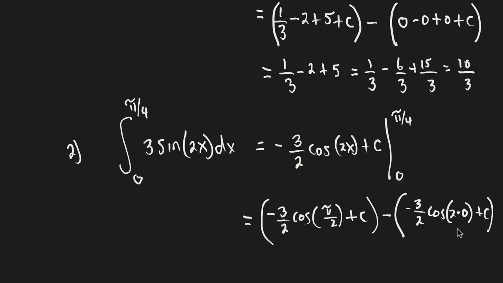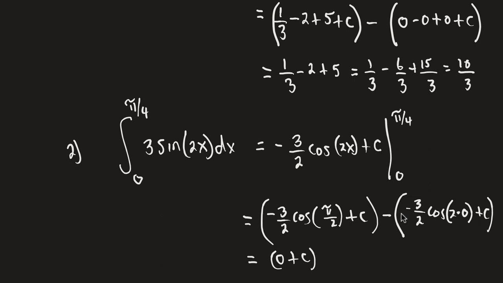So let's see how this simplifies. The cosine of pi over 2 is 0. So all of this is 0. So I have 0 plus c. And then here the cosine of 0 is 1. So I have minus negative 3 halves times 1.